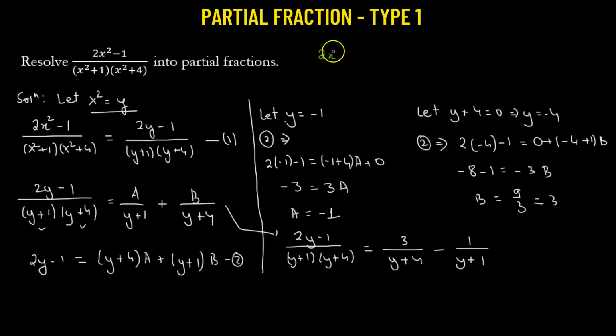So we had (2x squared minus 1) divided by (x squared plus 1) multiplied by (x squared plus 4). So this is our rational fraction, and we have decomposed it into two partial fractions. The first one is 3 over x squared plus 4 minus the second one, which is 1 over x squared plus 1. So this is going to be the final answer.